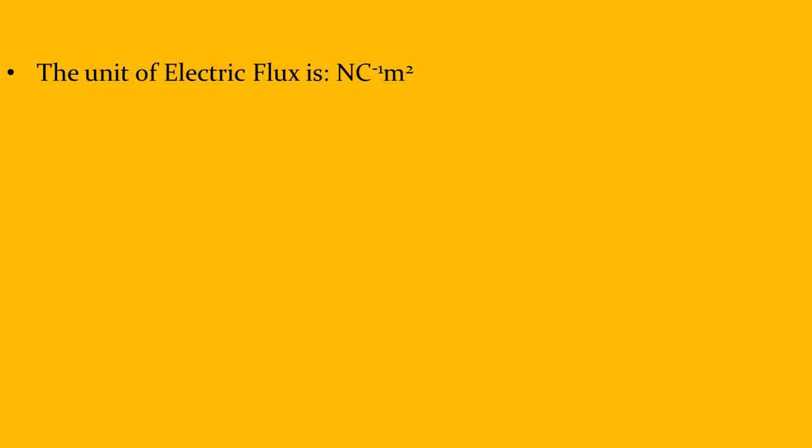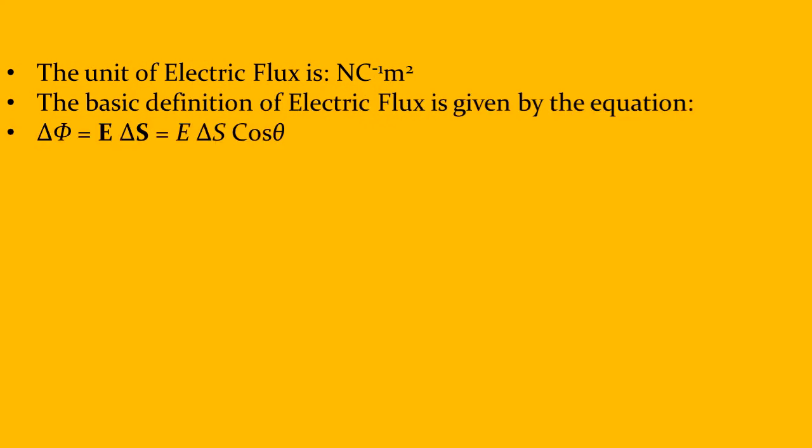The unit of electric flux is newton per coulomb meter square. The basic definition of electric flux is given by this equation: delta phi equals E dot delta S equals E delta S cos theta.